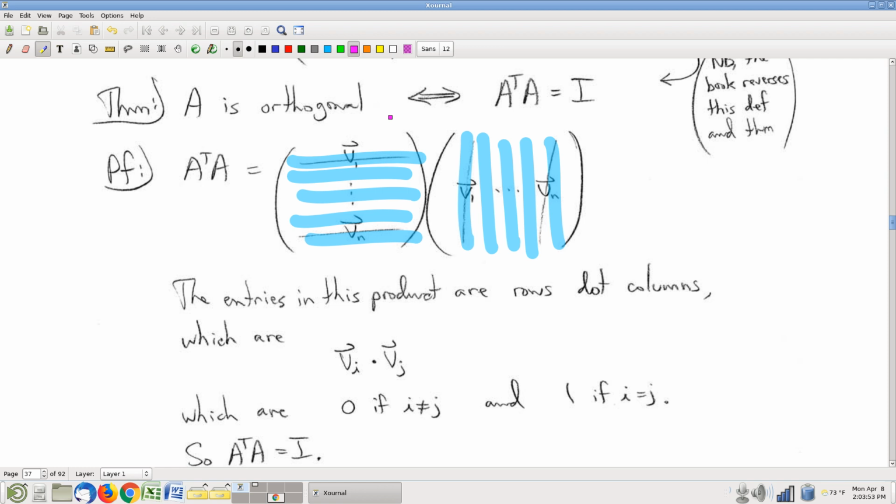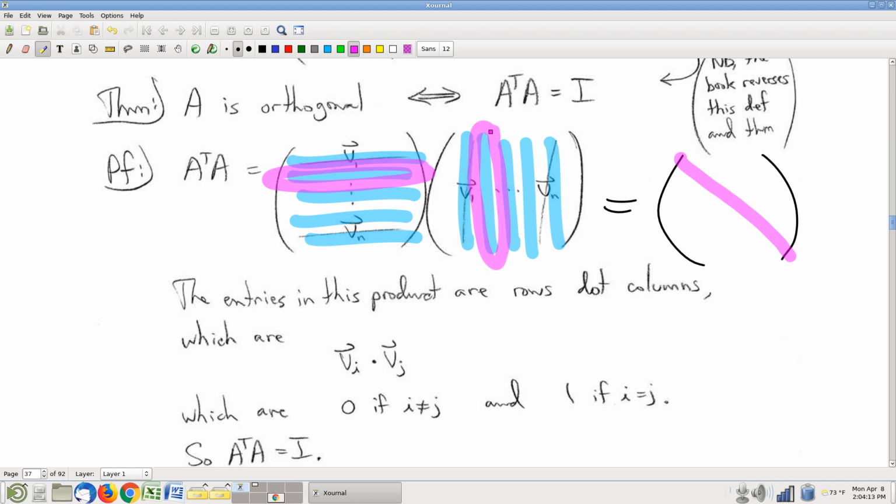And there's only two possibilities. One possibility is that you are looking at a diagonal entry. Let's look at this product here. If you are looking at a diagonal entry, then you're going to be dotting a row with a column, corresponding row with corresponding column is this dot product.